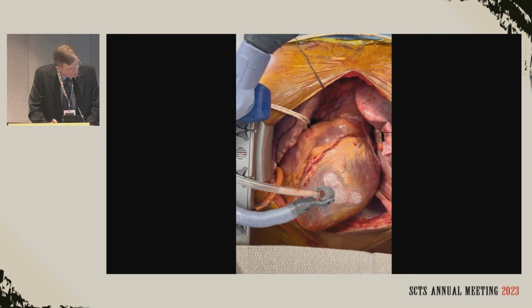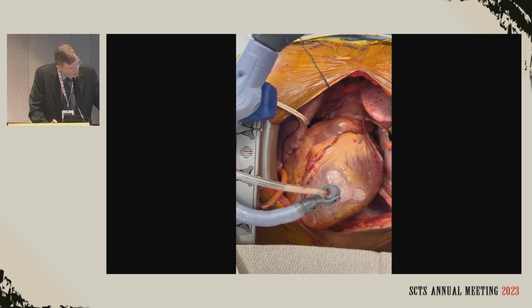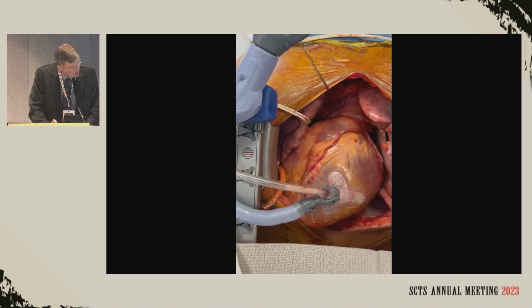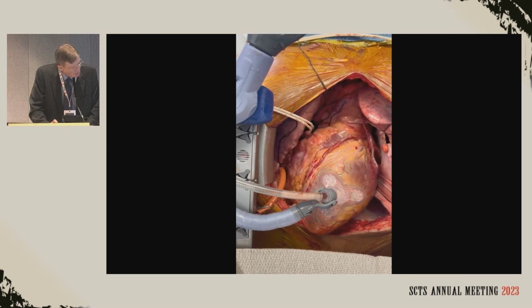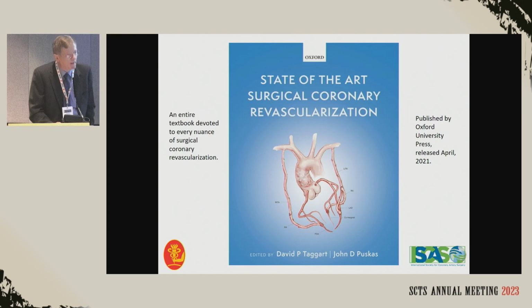You can see a T graft with the RITA going to the LAD. That's actually a different patient, by the way, my confession, but same concept. And the RITA to LAD had good flow. The LITA to the circ had good flow, low pulsatile indices. And this gentleman did well, and actually he flew back because the ship had left him, back to the UK.